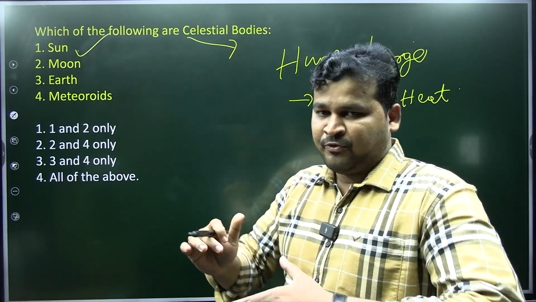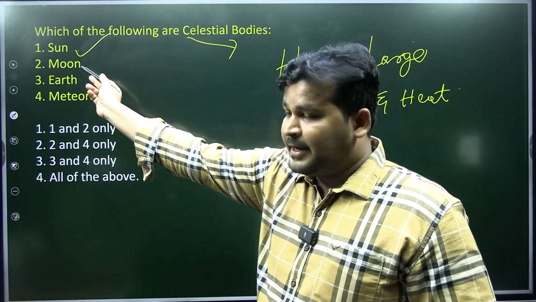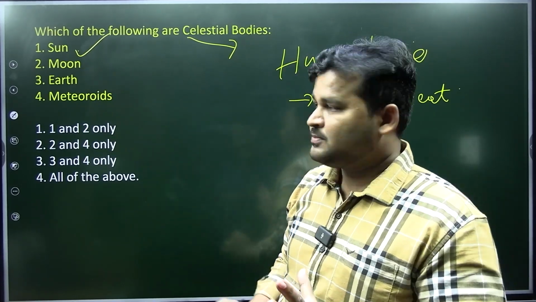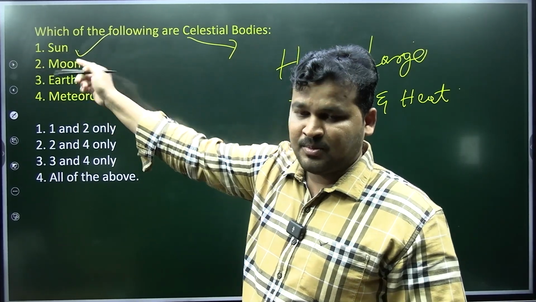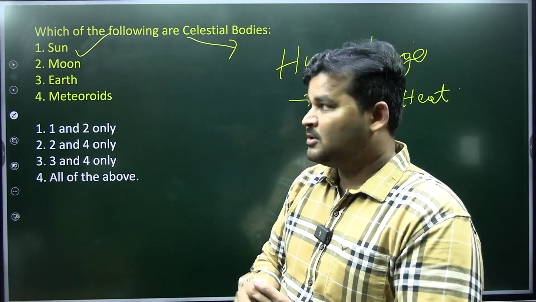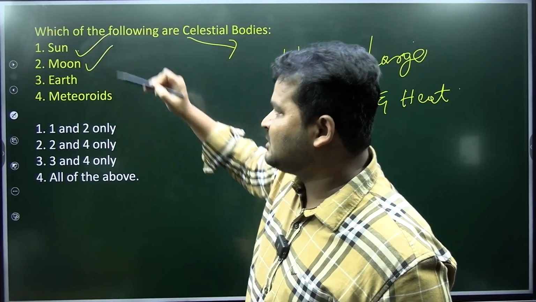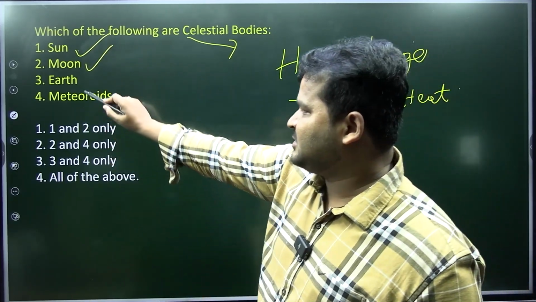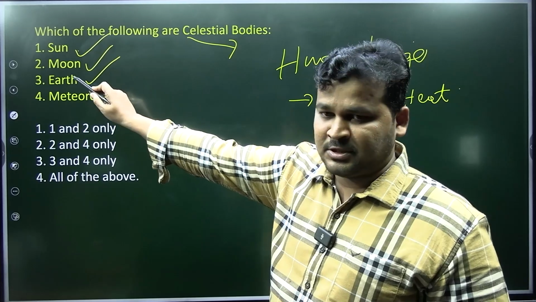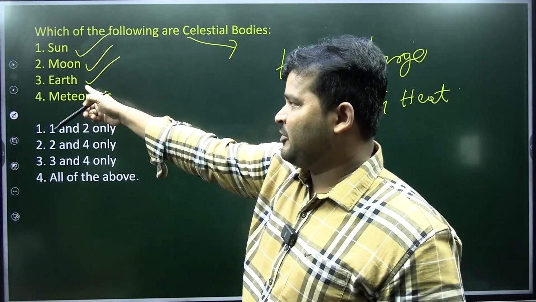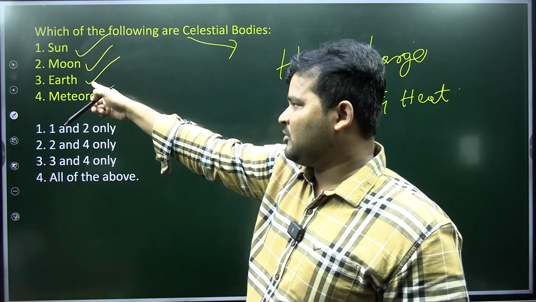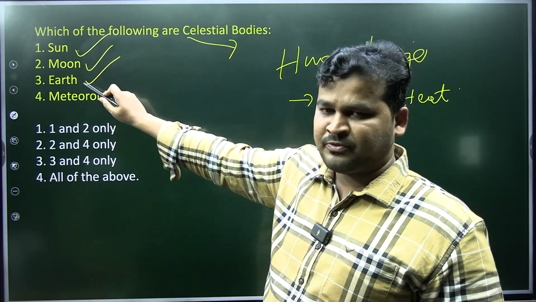Moon, size is very huge. It can emit the light. Of course, the moon gets the light from the sun, but even though, the moon is emitting light, so that's why we can treat it as a celestial body. In a similar way, Earth is not a luminous body, but it gets the light from the sun, even though it is emitting some amount of light, and also the size is very huge.